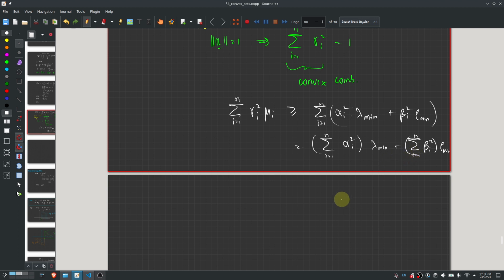They're both equal to 1. So this is just equal to lambda min plus rho min. And this is true for every convex combination of mu i. For every set of gamma 1, gamma 2 up to gamma n, such that the sum of the squares is equal to 1, this is greater than or equal to lambda min plus rho min. So what can you say about the minimum of all the mu i's?